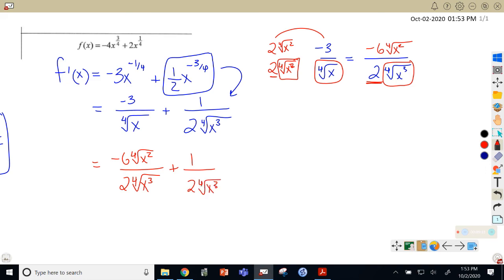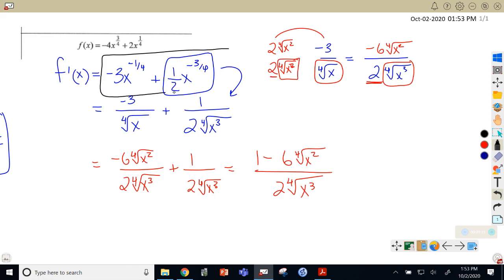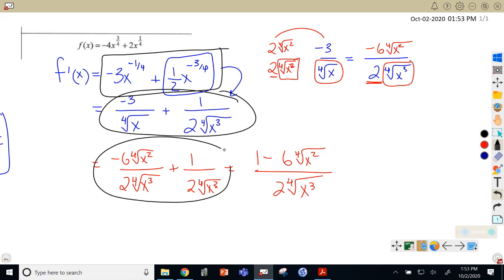Putting that all into one fraction and rewriting a little bit, I have 1 minus 6 4th roots of x squared over 2 4th roots of x cubed. The crazy thing about calculus is we were basically done right here. This was the derivative. That's not that bad in my opinion, but these are all different ways to rewrite it. This is the same, this is the same, and this is the same.